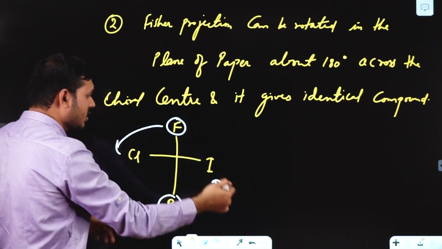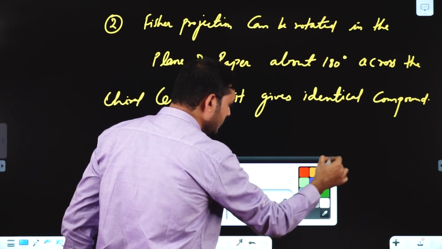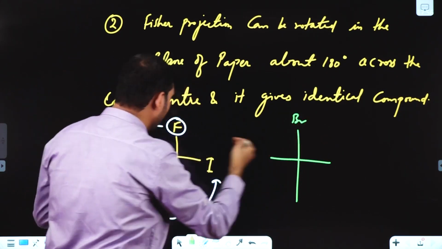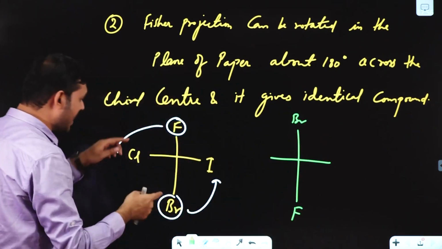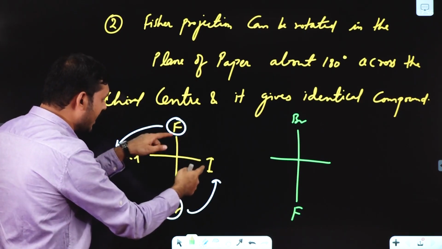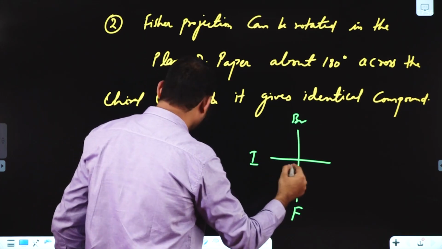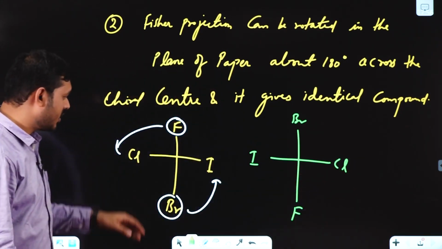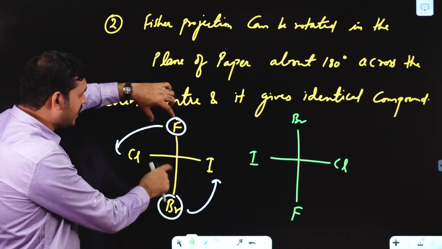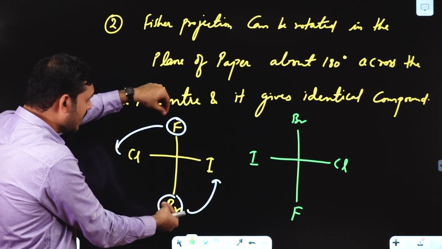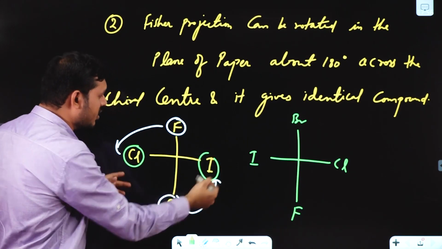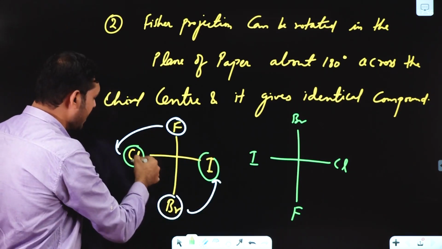You will get bromine upside and fluorine downside. At the same time, when fluorine comes this side, iodine will come here and chlorine will come here, because when you rotate the entire page on which I have written this molecule, chlorine and iodine also interchange by 180 degrees.